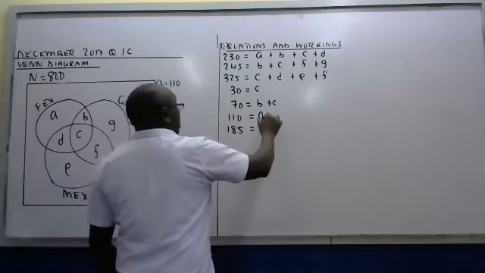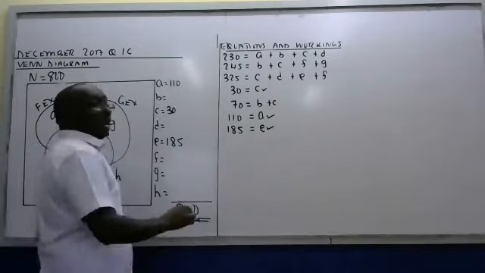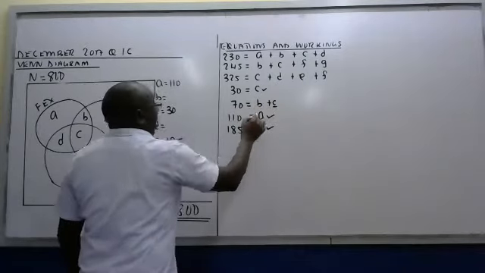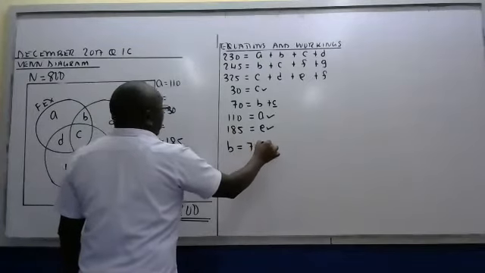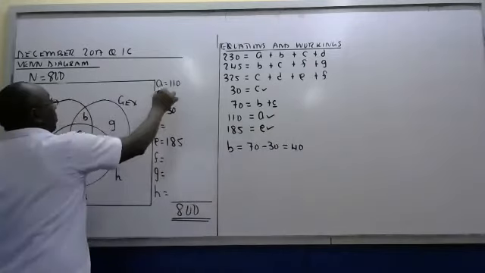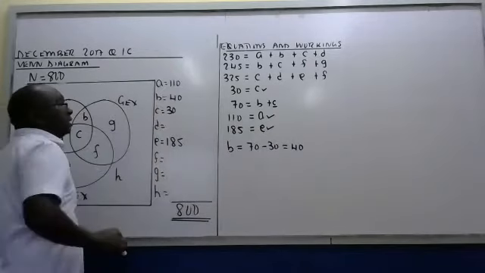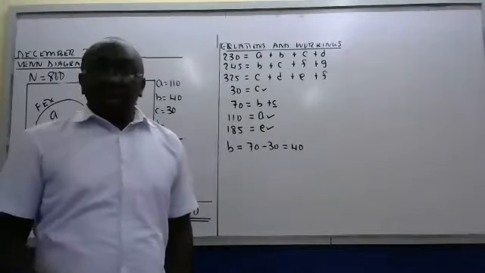So these 3 are already known. And based on that, this C will help me know that B is 70 minus 30, which is 40. So B is 40.